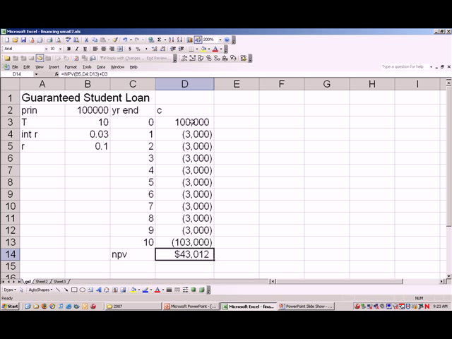That is, in a financing decision analysis, we start with a positive cash inflow in year 0, and in years 1 through 10, or throughout the term of the financing, we typically have negative cash flows. And that's just the opposite of what we saw in a capital expenditure analysis, where in year 0 we had a negative cash flow, and years 1 through the term of the project we typically had positive cash flows.